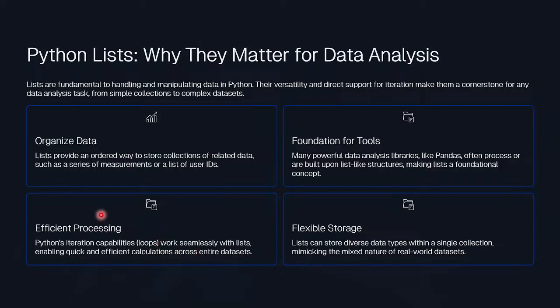Loops can help us in processing and organizing the data. And it has flexible storage: a list can store anything, whether it's an integer, a float, a name or a number.